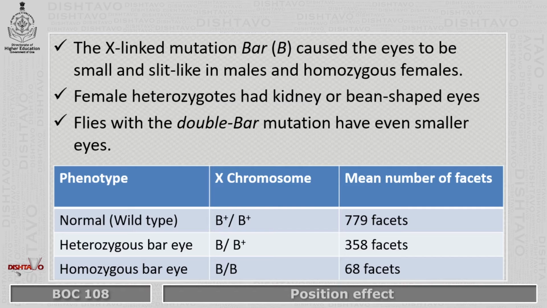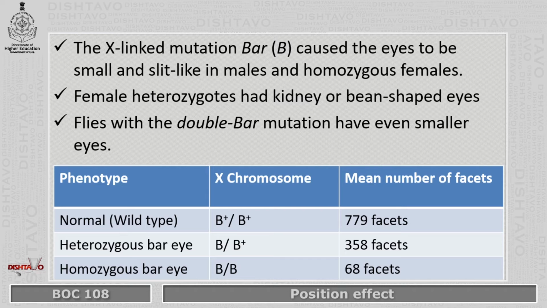The X-linked mutation bar caused the eyes to be small and slit-like in males. Males are hemizygous. And in the case of homozygous females also. The female heterozygotes had kidney or bean-shaped eyes, and the flies with the double bar mutation have even smaller eyes.